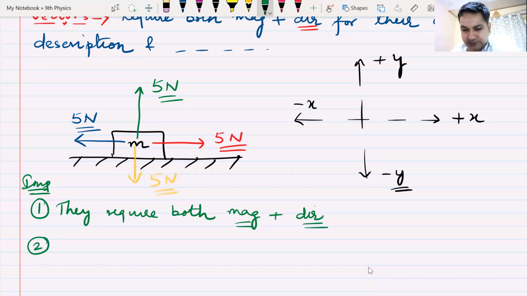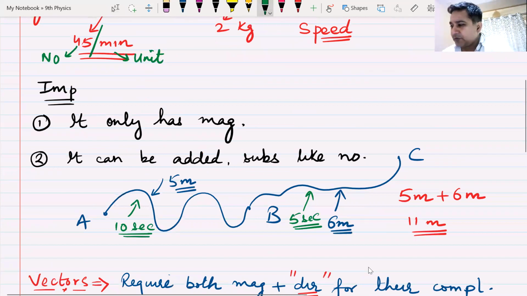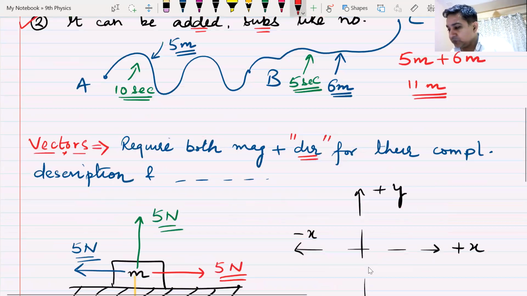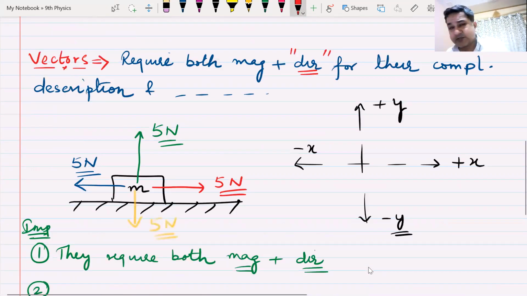Important point, number one. Now let us come back to scalars. The first point, a scalar only has magnitude, so I've written it as magnitude only. The second point was about how they can be added or subtracted. Now let us also talk about how vectors can be added or subtracted.